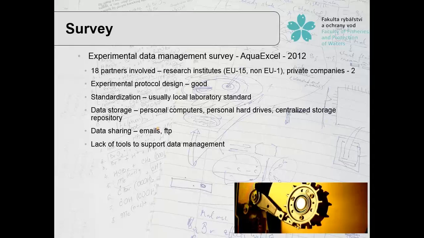And then it can be very messy because after some time the people lose track of where the data from a particular experiment are. Data sharing, the people usually use emails or FTP servers to share the data.